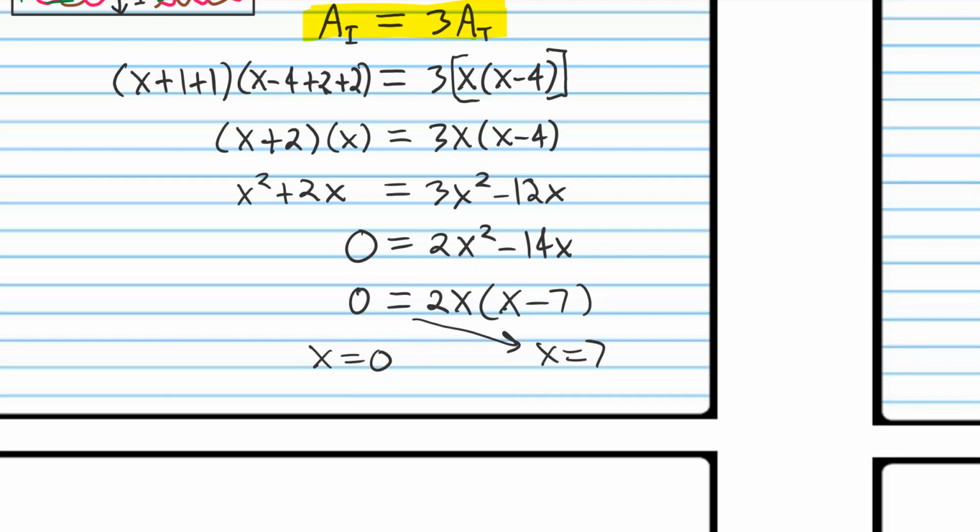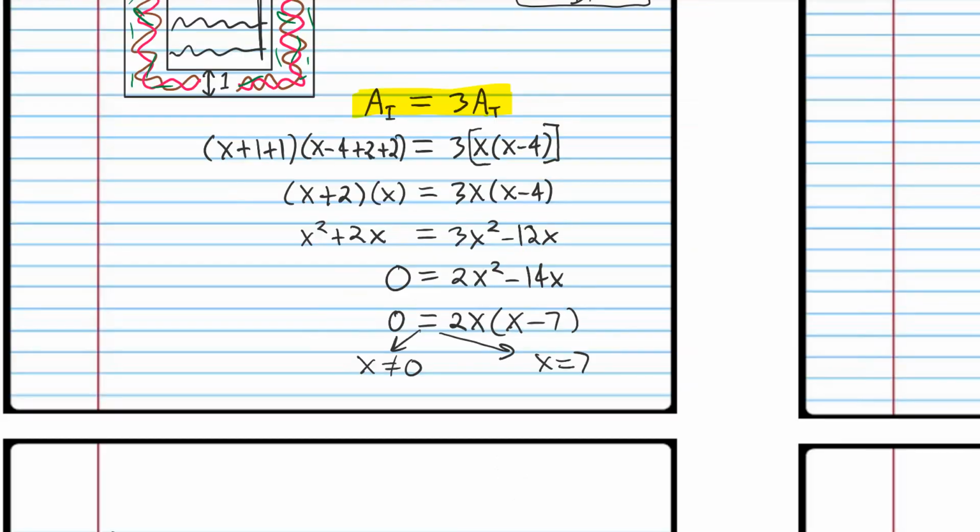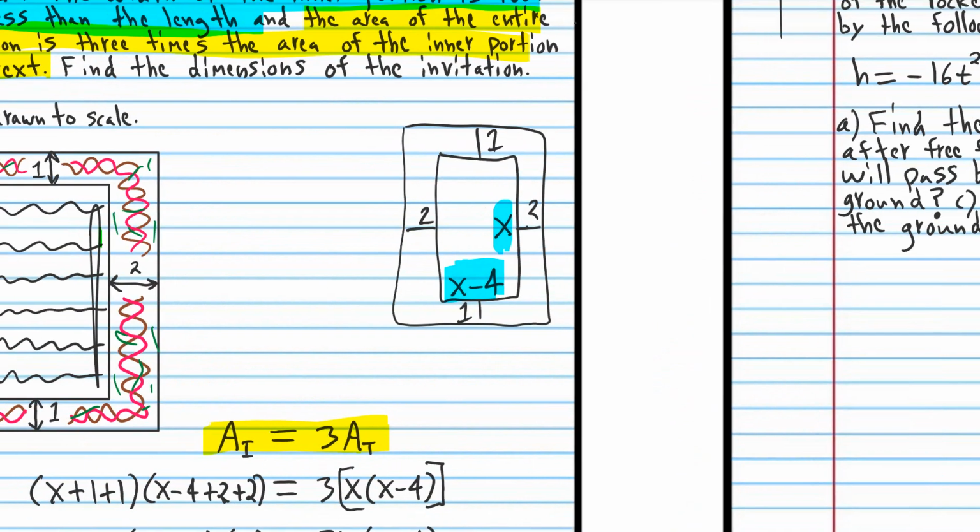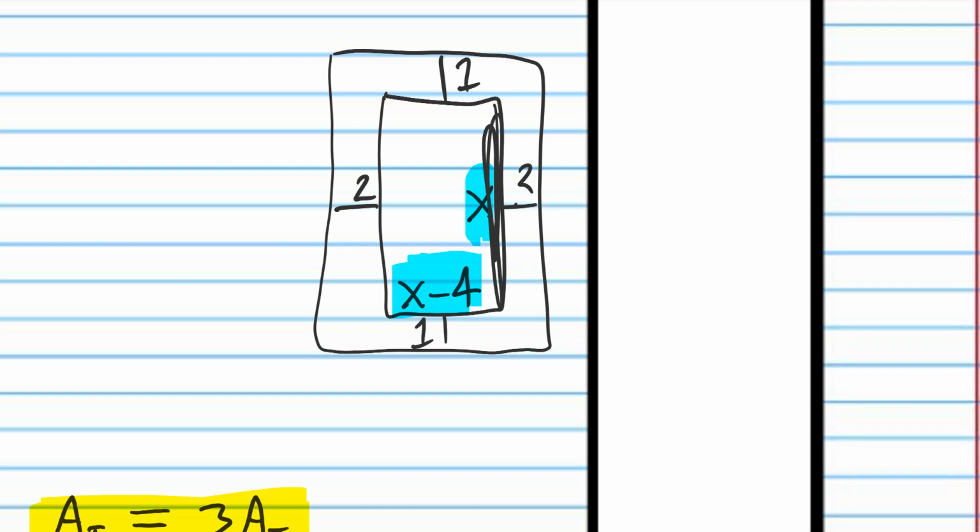So x can be 7 or x can be 0. But obviously x is not going to be 0 because that doesn't make any sense in our actual problem. So x is going to be extraneous. We're just going to say not equal to, because if you make x 0, then that would mean this length is 0. And obviously we can see that that's not true. So x is going to be 7.